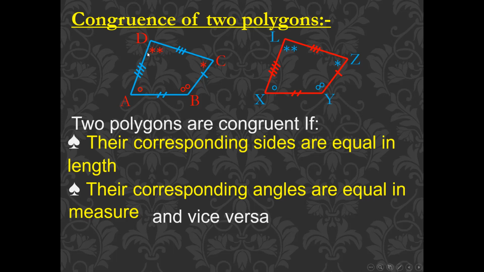And we can find the length of any missing side. If AB is 6 centimeters, then XY will also be 6 centimeters. But this holds only if the two polygons are congruent, which is a very important condition.